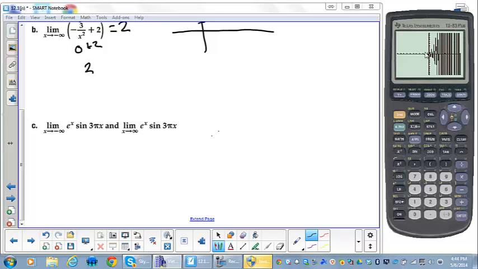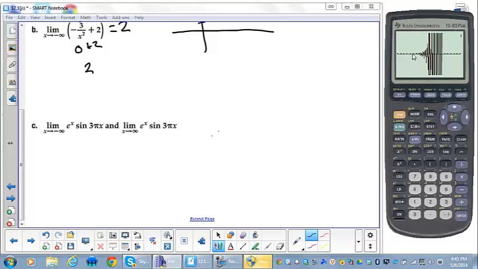It's really hard to see, but as x approaches negative infinity, the graph is oscillating and approaching 0. We can see that if we change our window and just go from -1 to 1 on the y-max, graph that, you'll see off to the left that it is actually approaching 0.